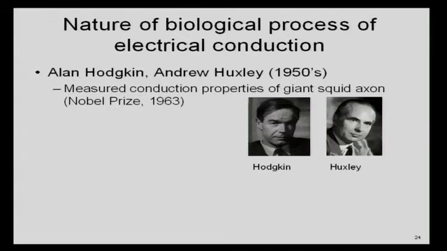Nobel Prize in 1963, work done in the 1950s by Hodgkin and Huxley. And first, they were the first to actually directly measure the inside membrane potential of a neuron. That was actually very, very difficult to do. They had calculated what it should be based on the Nernst equation.